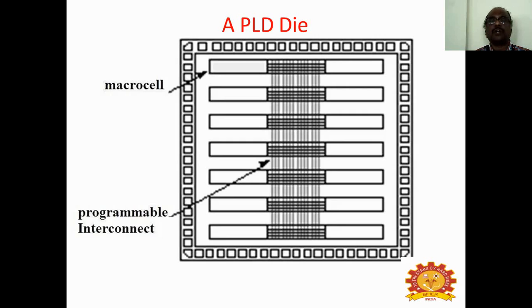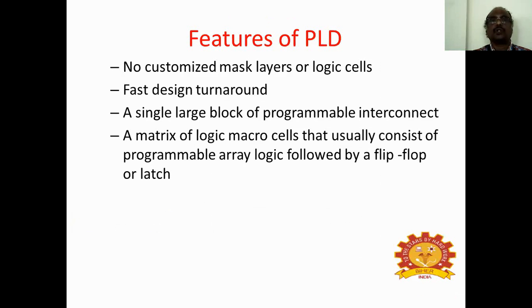The designer uses the programmable interconnect to connect the various logic gates present in the macro cells, and realizes the functionality of the integrated circuit that the customer intended. There are no customized mask layers or logic cells, and the design turnaround is fast. There is a single large block of programmable interconnect, and a matrix of logic macro cells that usually consists of programmable logic followed by a flip-flop or latch.